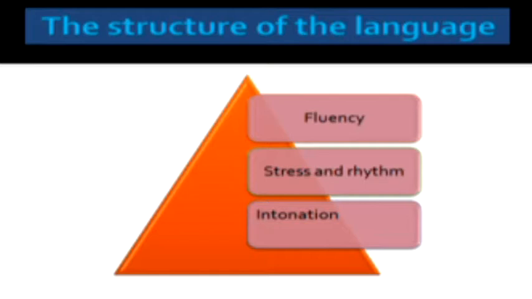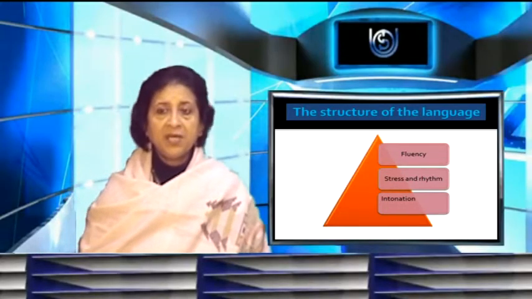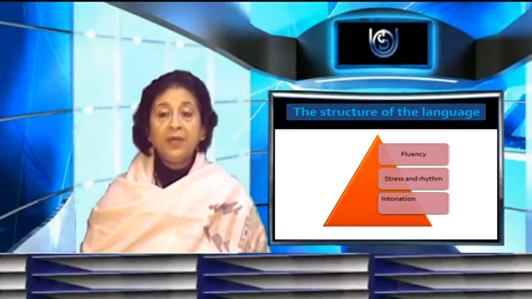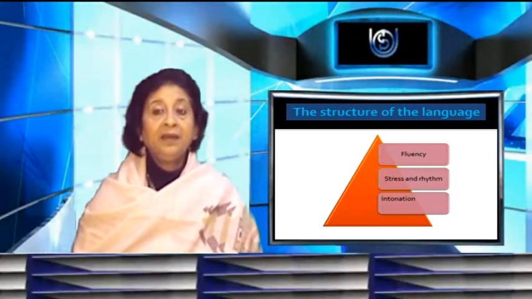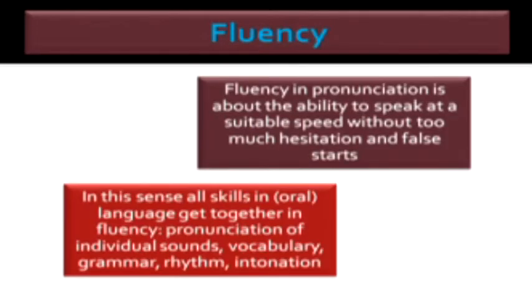Now, how do we define fluency and how do we develop it in language? Fluency in pronunciation is about the ability to speak at a suitable speed without too much hesitation and false starts. If you know the vocabulary and how to pronounce the word, then the speed is suitable, there is no hesitation, you are not faltering at any point, and then fluency comes.